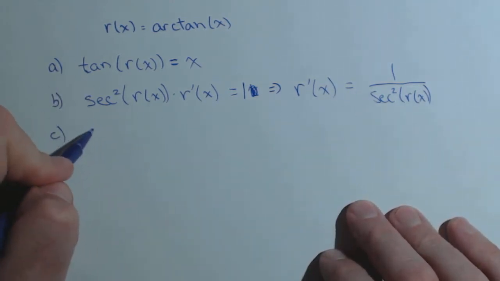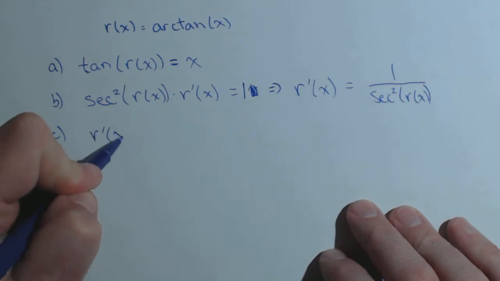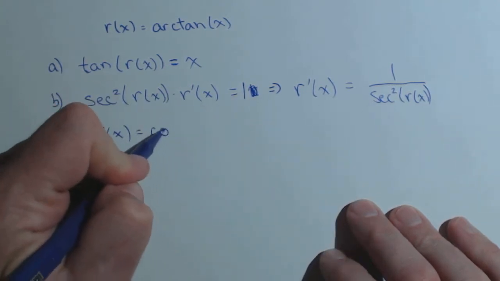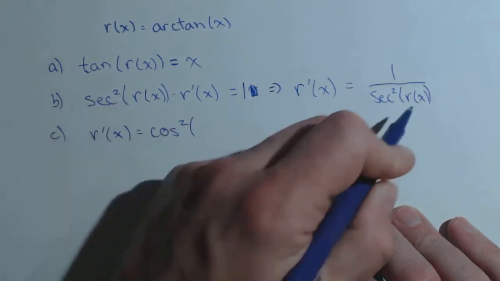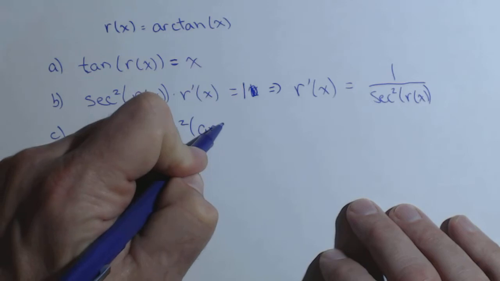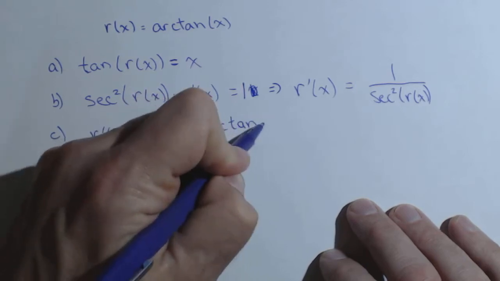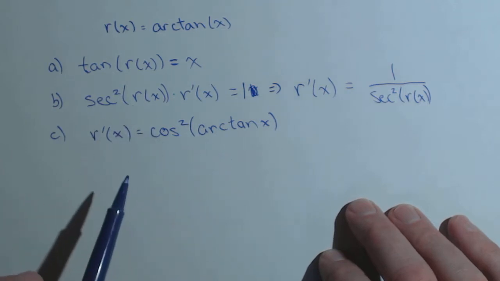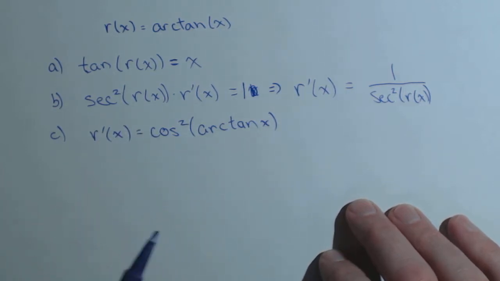First off, 1 over secant squared is cosine squared, so this can be rewritten as cosine squared, and now r of x, remember from our original, was arctan of x. And so there we have this thing in terms of cosine and arctan.